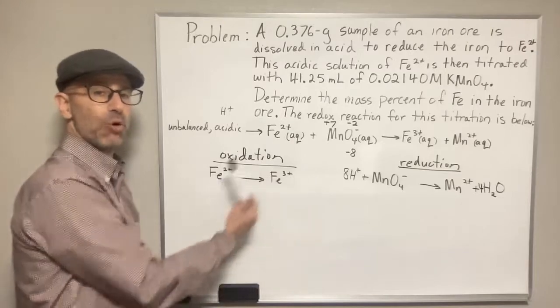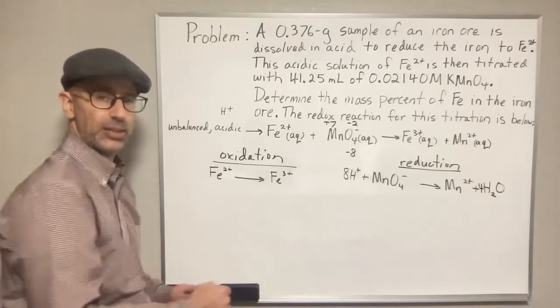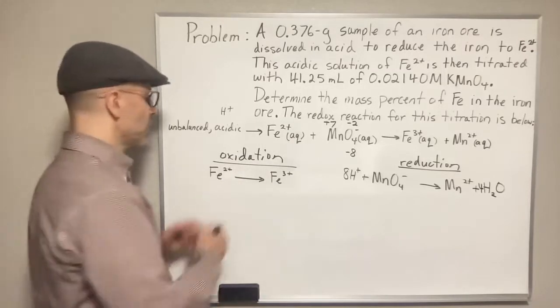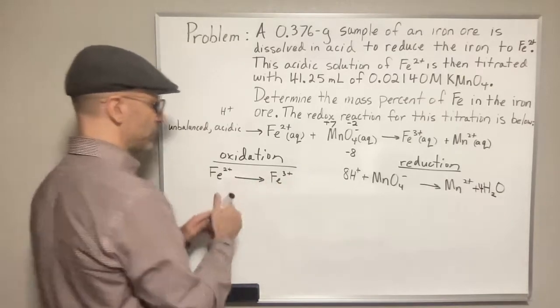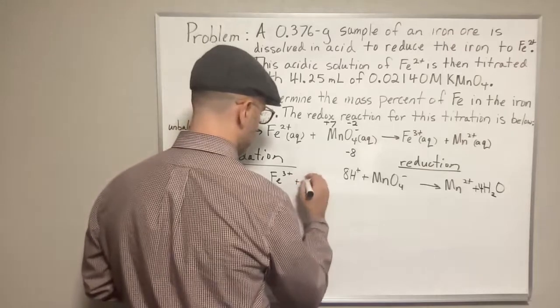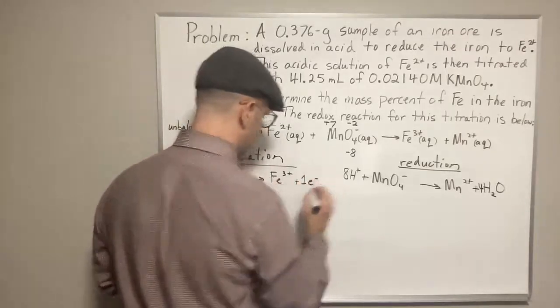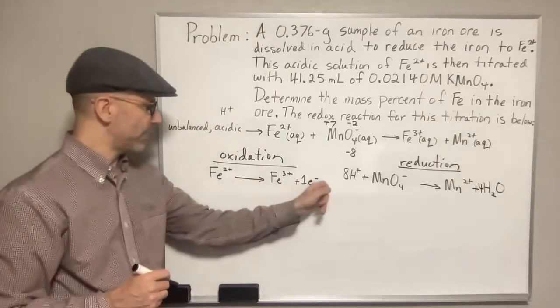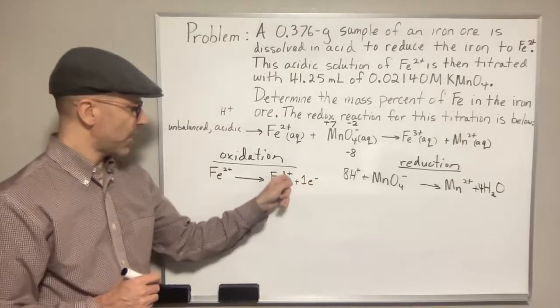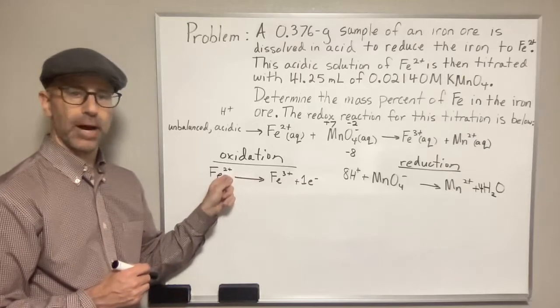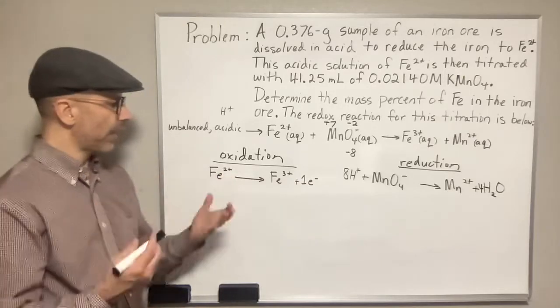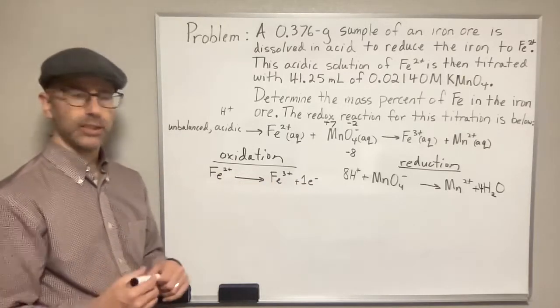Since this is more positive, I'm going to add 1 electron to balance the charge. So now I have a -1 plus a +3 gives me a total of +2, which balances with the +2 here. All right, that's done. Easy peasy, lemon squeezy, right?